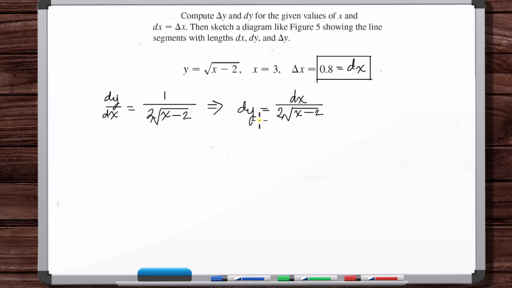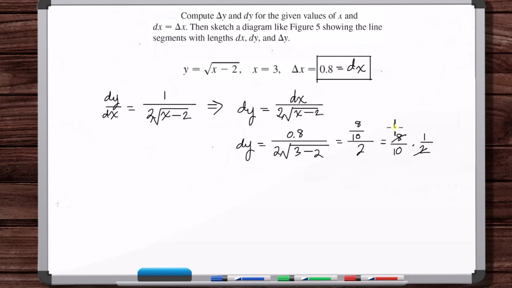Okay, now we need to solve for dy, so we plug in x and dx. Three minus 2 is 1, so we get 2 over, and then 0.8 is 8 over 10, so dy is 2/5.